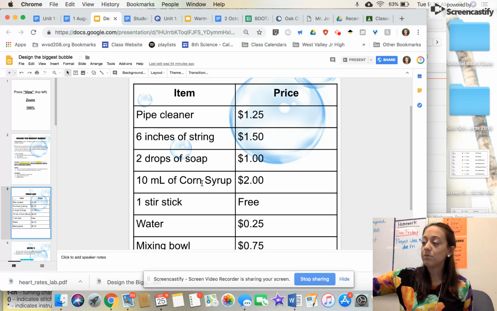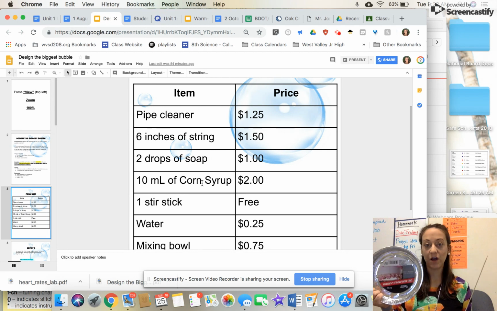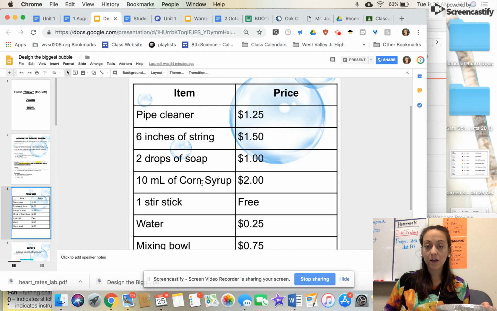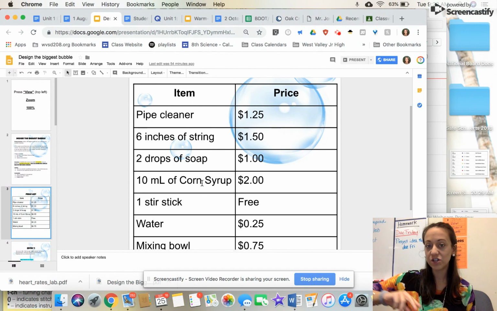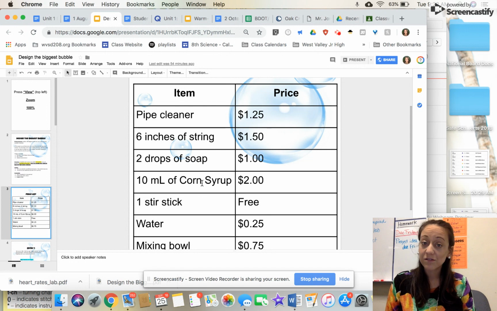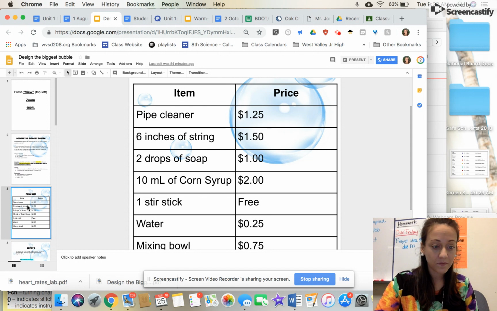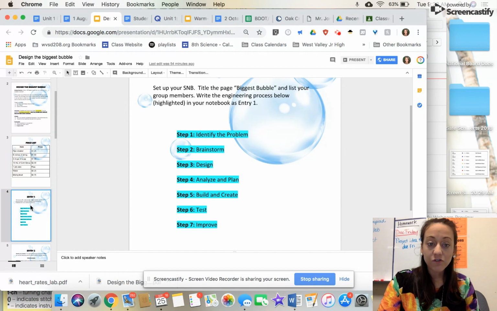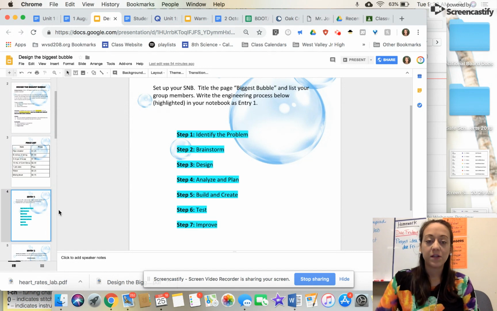And then a mixing bowl, which is actually a pie tray. So your bubble wand that you create out of all of these things must be able to fit in your pie tray, and you have to use just the $5. This is our first engineering challenge. Every single challenge in this class, you have to purchase your materials because it's real life. Nothing's free.